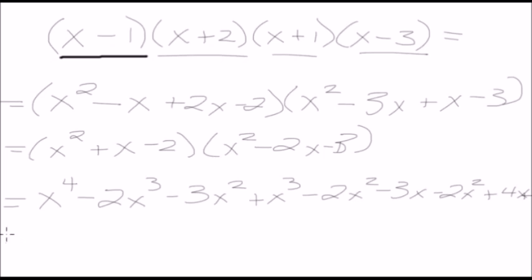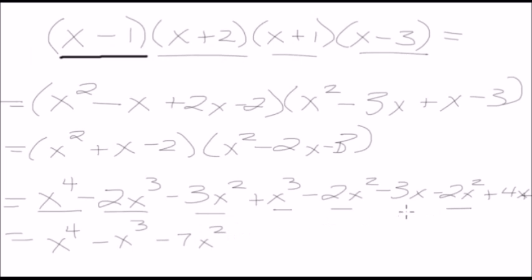Final step, I need to combine like terms. I look for my highest order power, it's x to the 4th. I then look for any cubed terms. I have 2 of them. I combine them to get minus x cubed. I look for x squared terms. I have 1, 2, 3 of them. I get minus 7x squared.